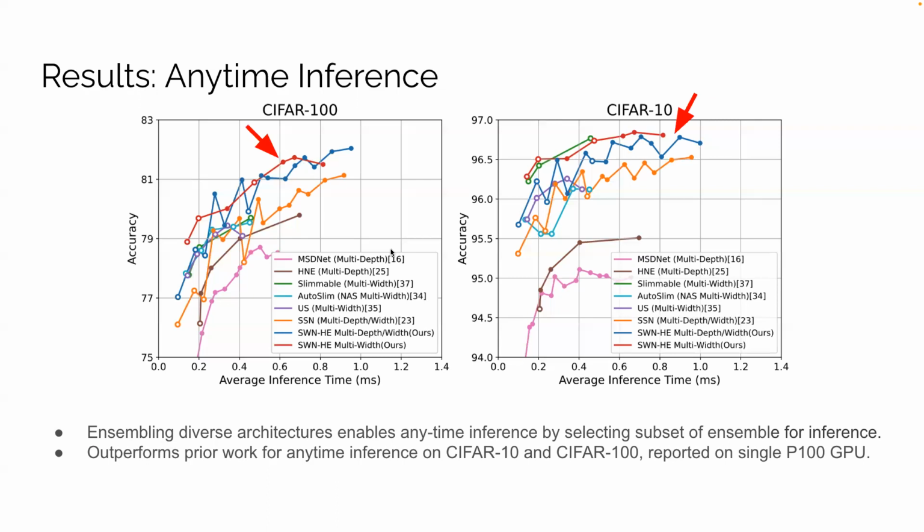Since the red and blue lines are mostly above and to the left of the other lines which represent prior work, we're able to show that we outperform prior work. We note that SuperWeight networks are a general purpose parameter sharing method which happens to enable anytime inference, whilst prior work is specially designed for anytime inference.